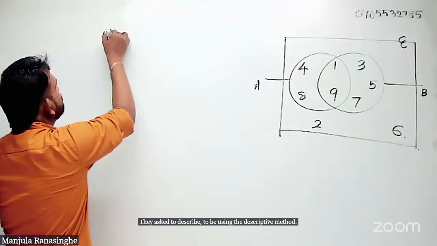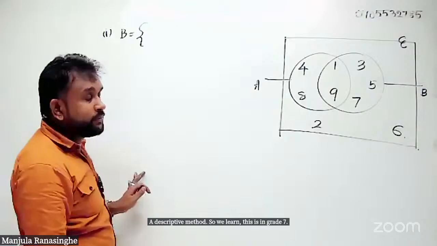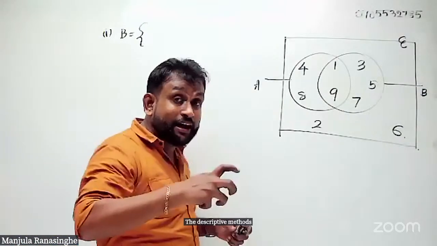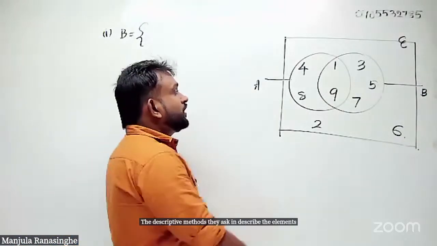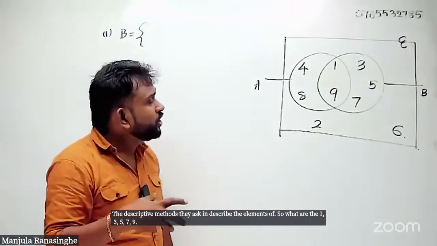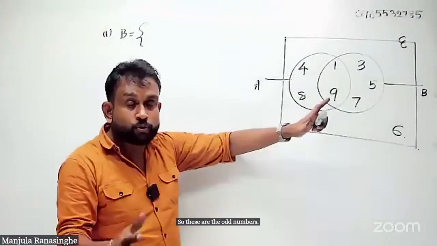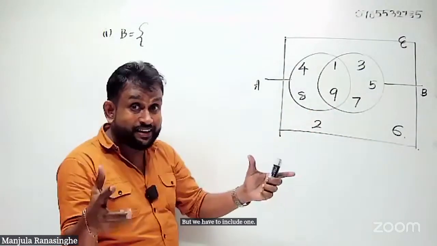The descriptive method, we learned this in grade 7, I think. They are asking to describe the elements of set B. What are they? 1, 3, 5, 7, 9. So these are the odd numbers, but you have to include 1 and 9 both.